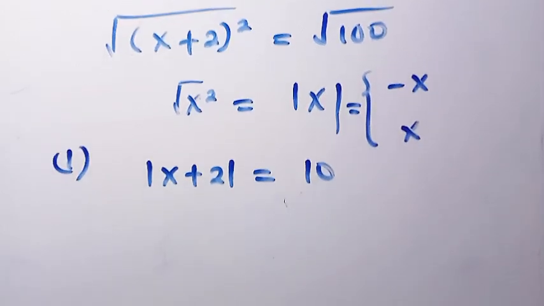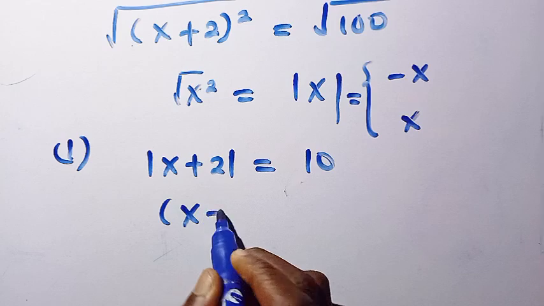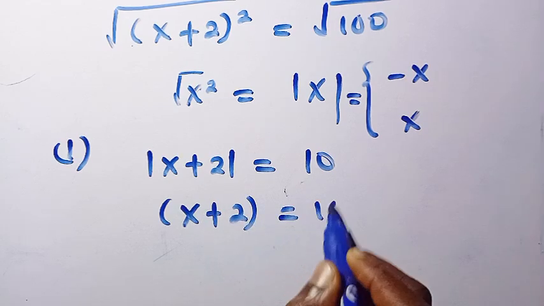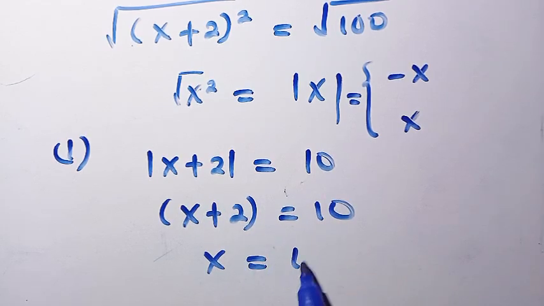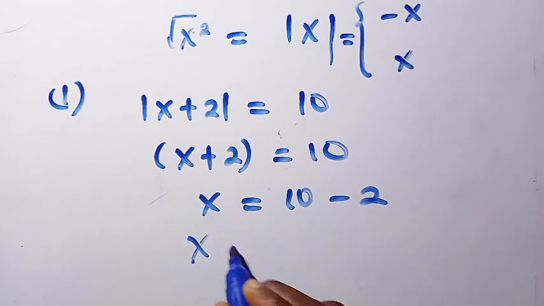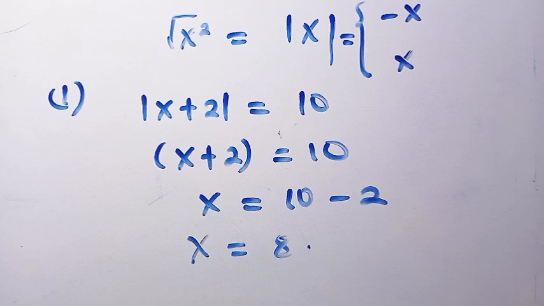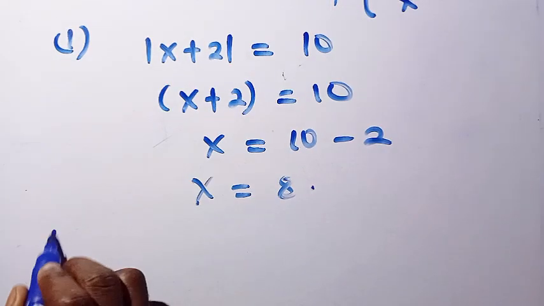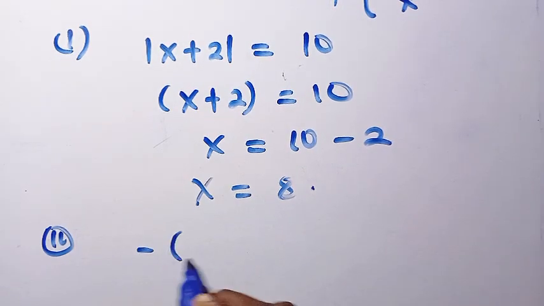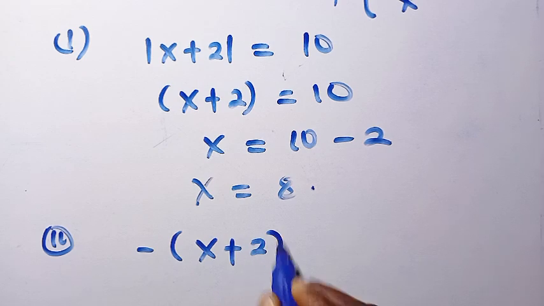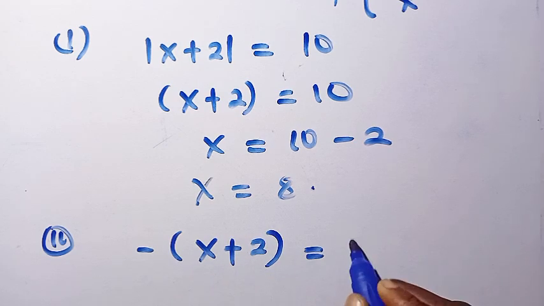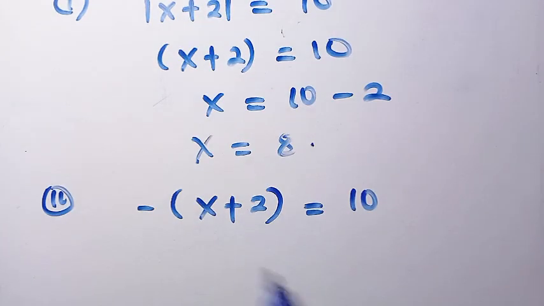So going by the positive, we have x + 2 = 10, and here x = 10 - 2. Therefore our x equals 8, which is the same thing we got from the beginning. And secondly, by considering the negative, we have -(x + 2) = 10.